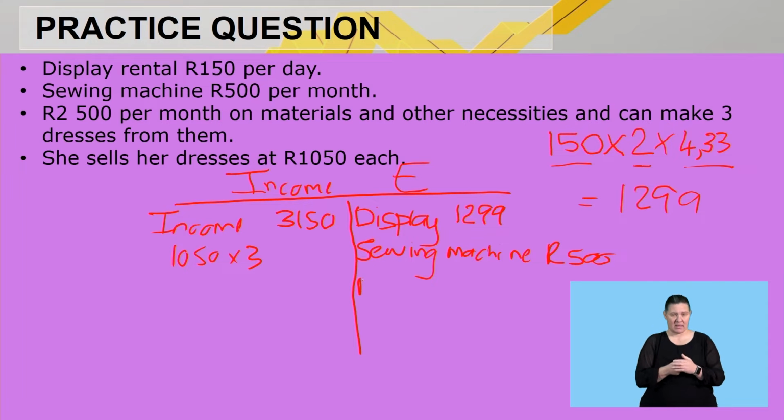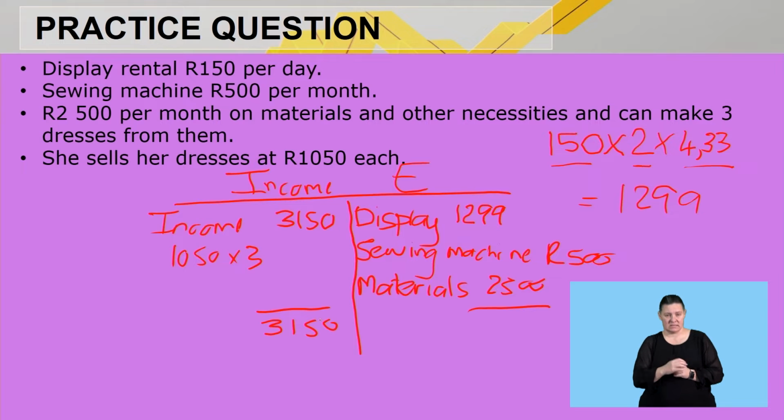And then her materials is 2,500. Then we add up both sides: 3,150 on the income side, and on this side 4,299. So, is it a profit or a loss?